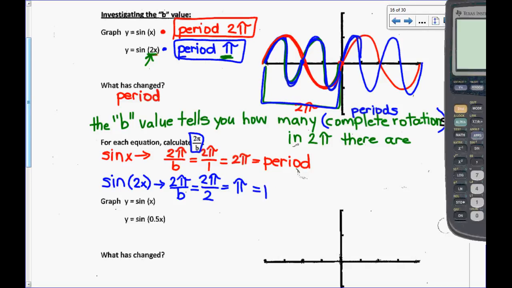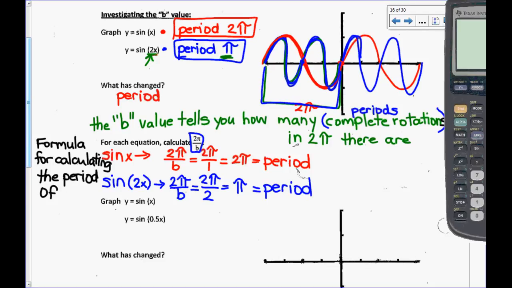Yes, okay. So you can see that this formula, 2 pi over b, will help you calculate the period of a function. We're going to summarize that in a minute, but maybe just make a note to yourself in the margin here that this is the formula for calculating the period of a function, and just use the abbreviation for function.